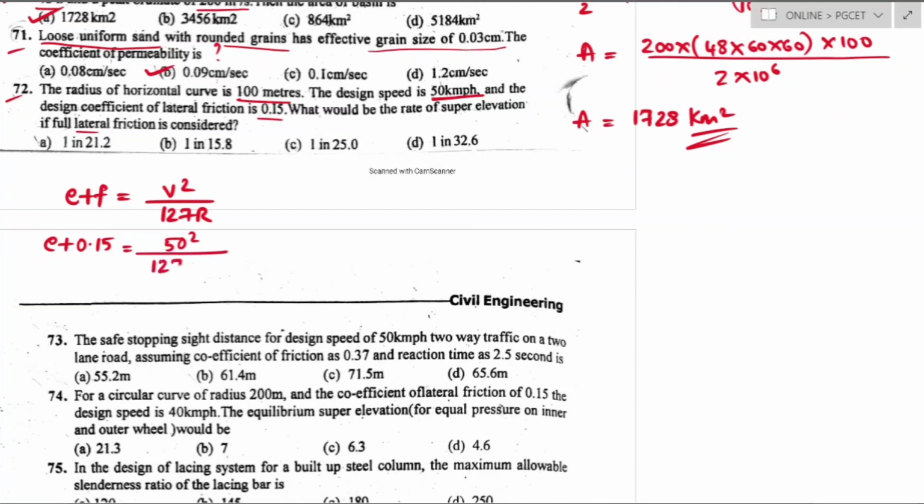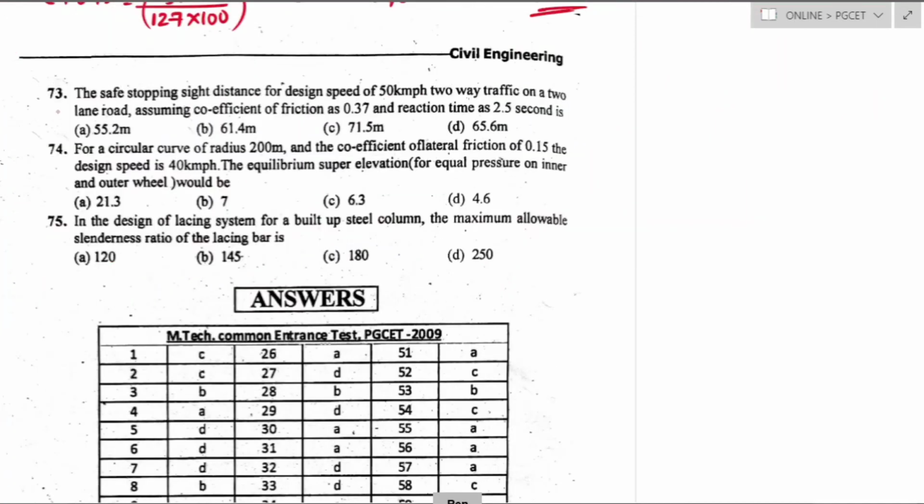So 50 square by 127 multiplied by R. R is the radius of horizontal curve, that is 100 meter. On solving this, you will get the rate of super elevation 0.0468, that is equal to 1 in 21.20. So option A is the right answer.